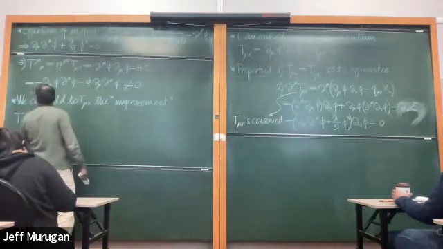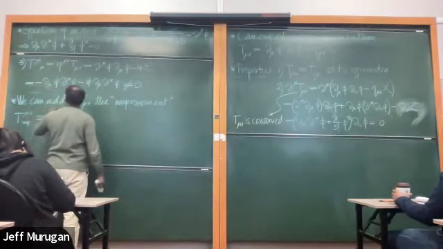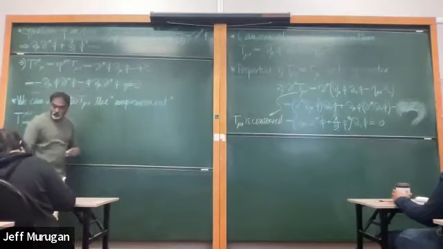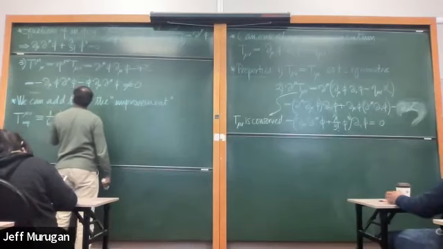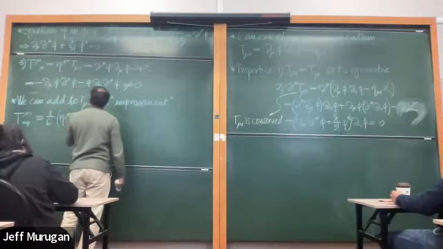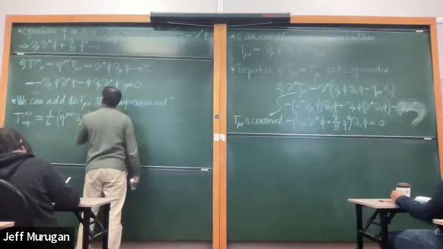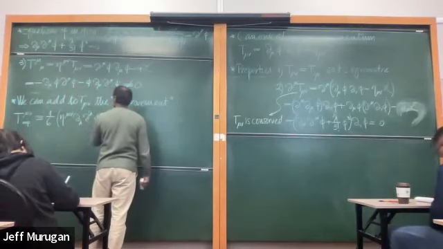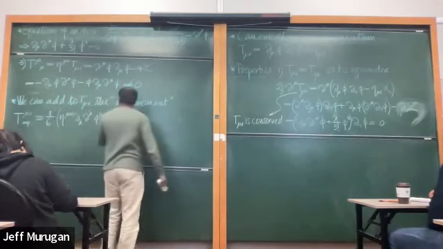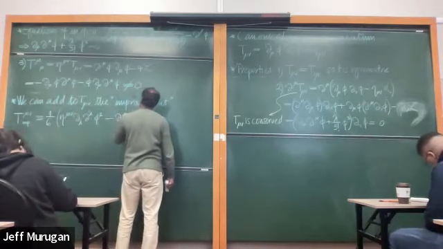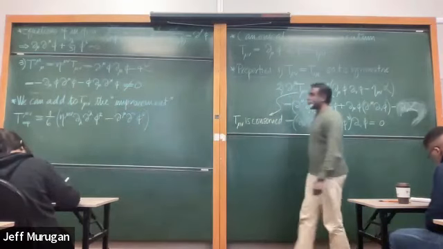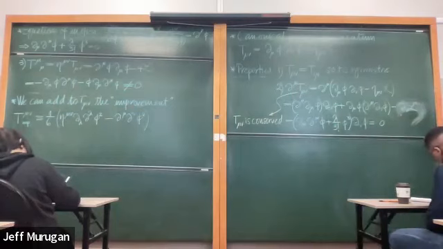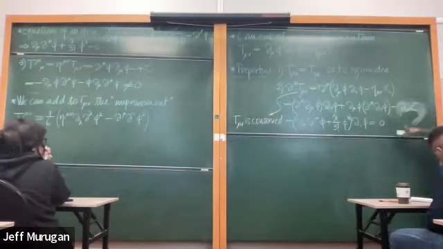And this guy is going to be 1/6 of eta mu nu d lambda d lambda of phi squared minus d mu d nu acting on phi squared. My claim is that this term takes care of this problem with the canonical energy momentum tensor and makes it trace-free.